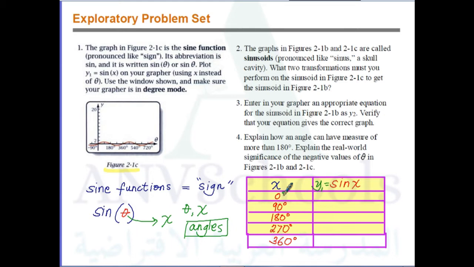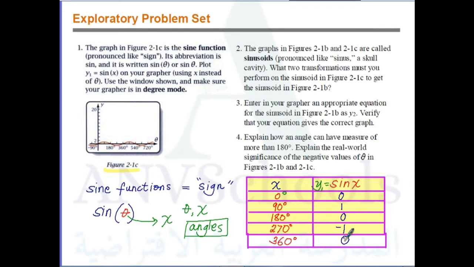So y1 is equal to sine of 0, and that's equal to 0. Sine of 90 degrees would be 1. If x is 180 degrees, it would be 0. If it's 270 degrees, that would be negative 1. And if it's 360 degrees, it goes back to 0.